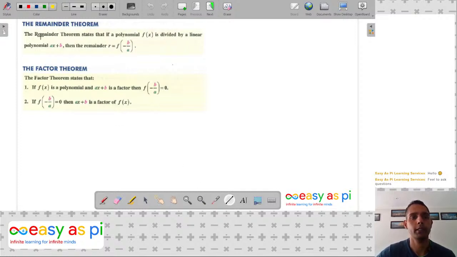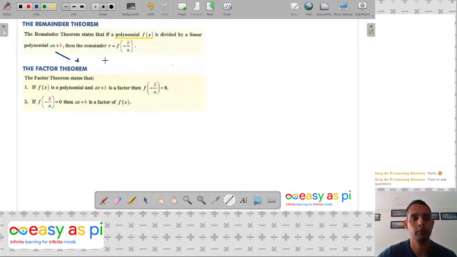The remainder theorem states that if a polynomial f of x is divided by a linear polynomial ax plus b, the remainder is f at minus b over a. Now, how do I get that remainder?